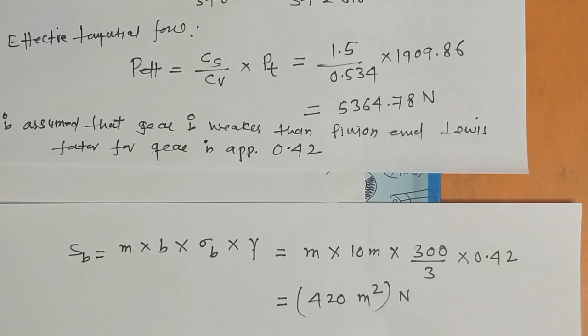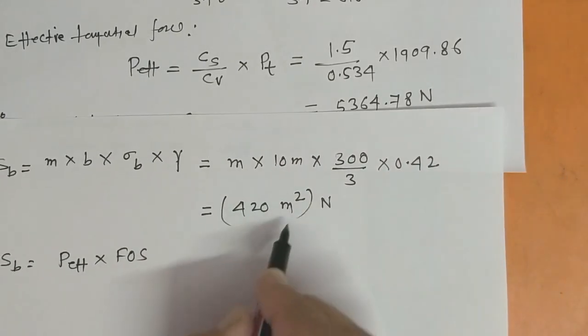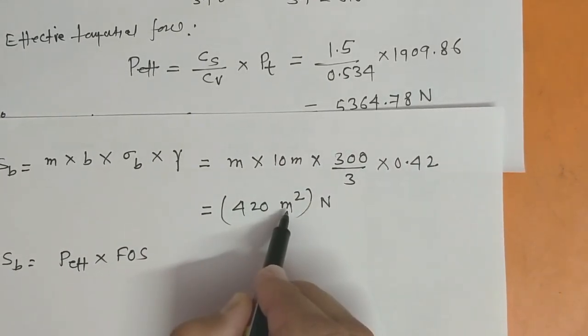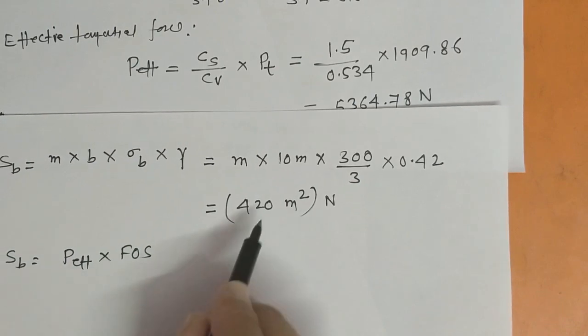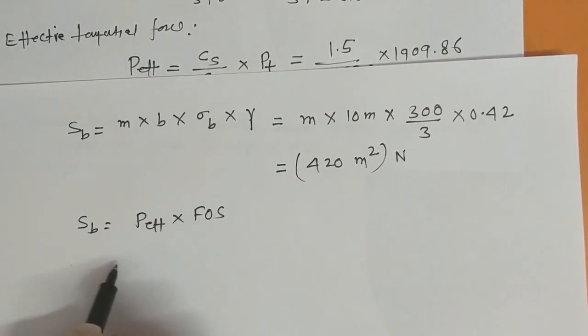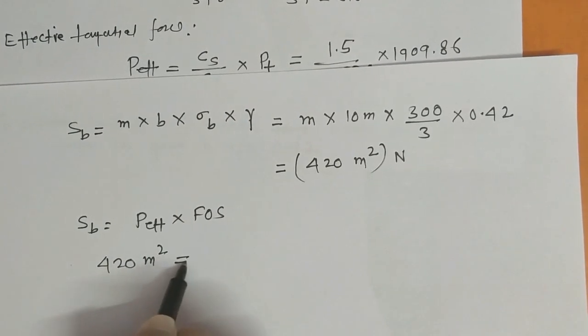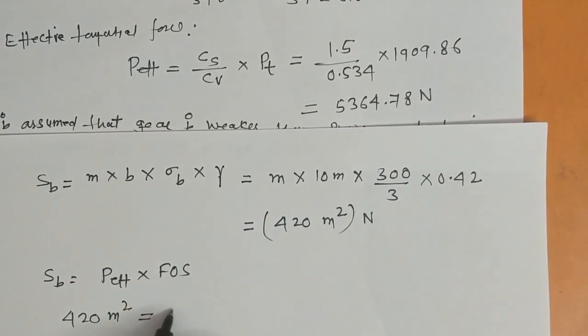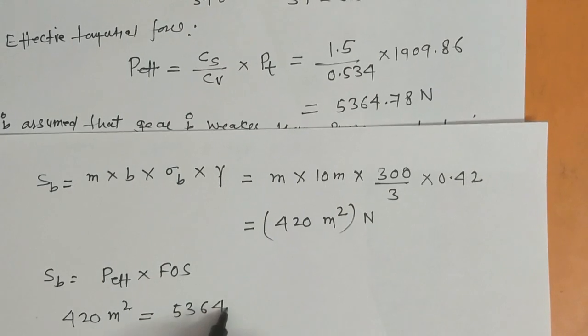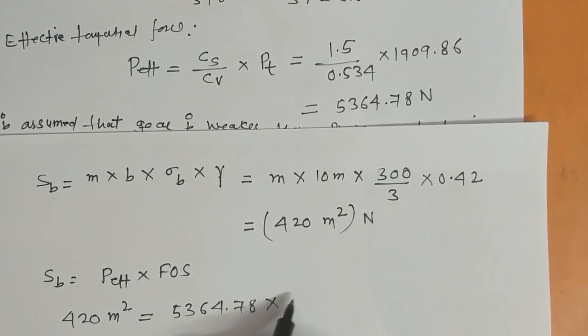We can calculate this module M. By putting these values, SB equals 420 M square is equal to P effective, 5364.78, times factor of safety 1.5.